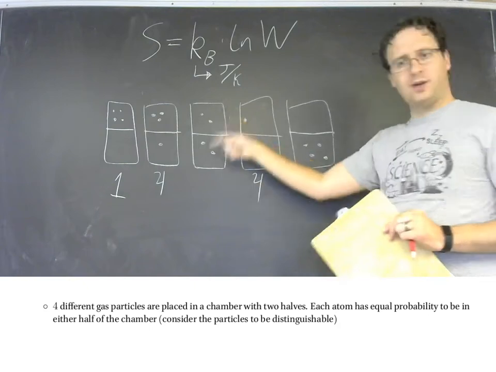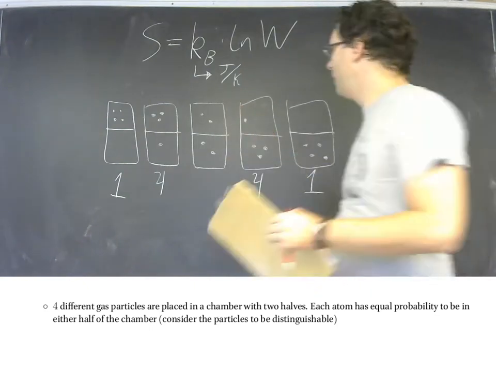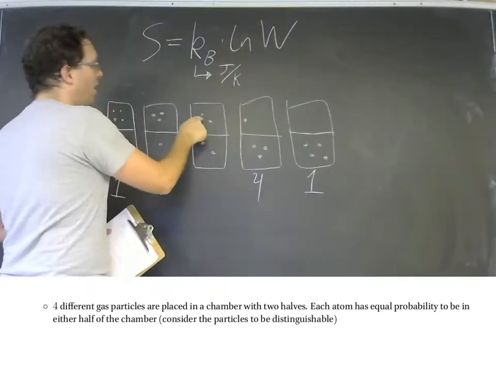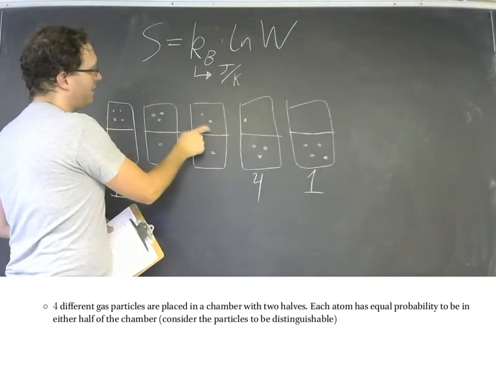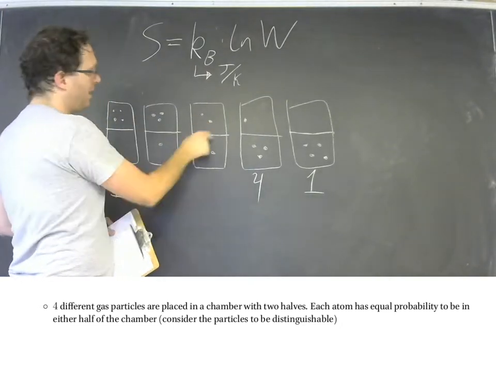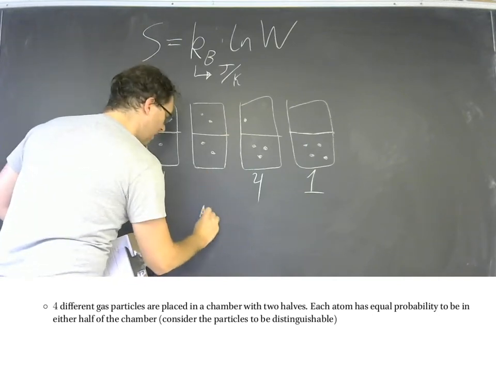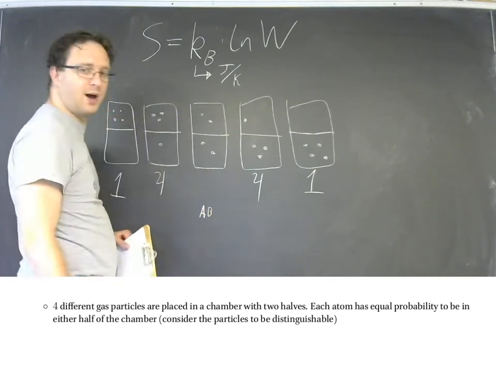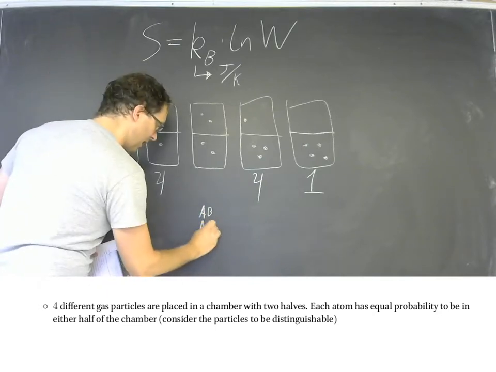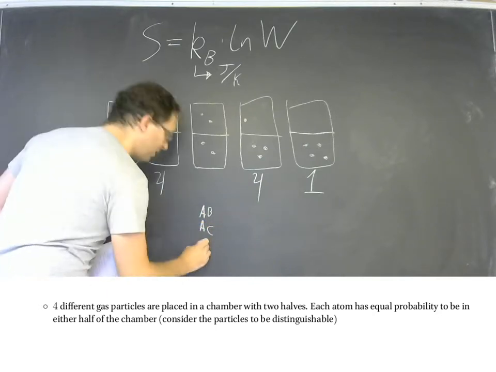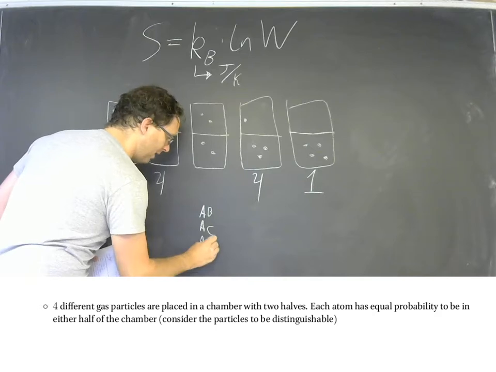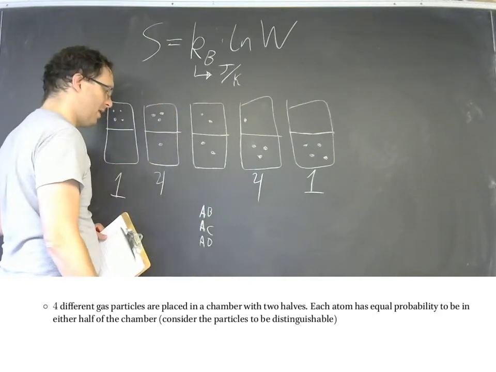Now this one is a little bit tricky, so let's just consider the different combinations of 2 atoms that we can have in the top, and then the other 2 will be in the bottom. For example, I could have A and B in the top. I could have A and C in the top. I could have A and D in the top.